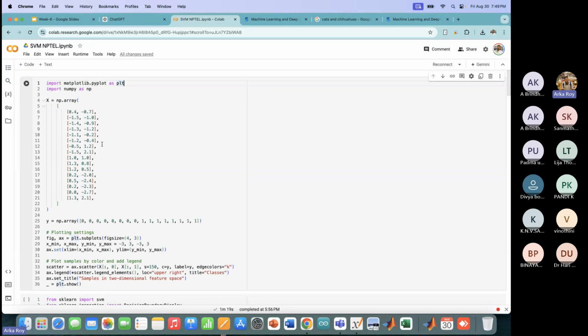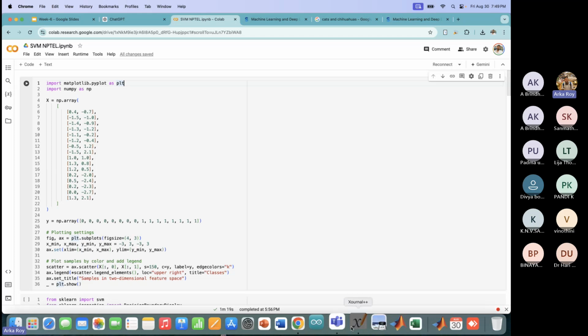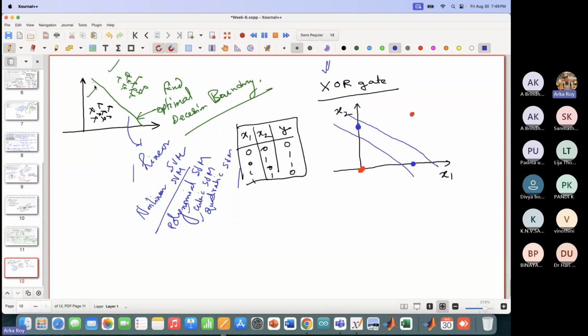Then I am creating a custom data set. This is a two-dimensional data set, so it has two axes, and based on those two axes, I have some data points.